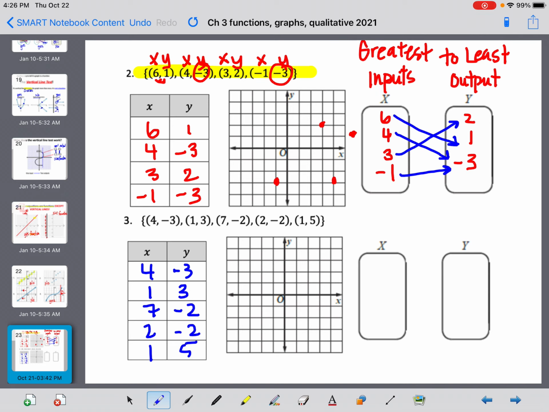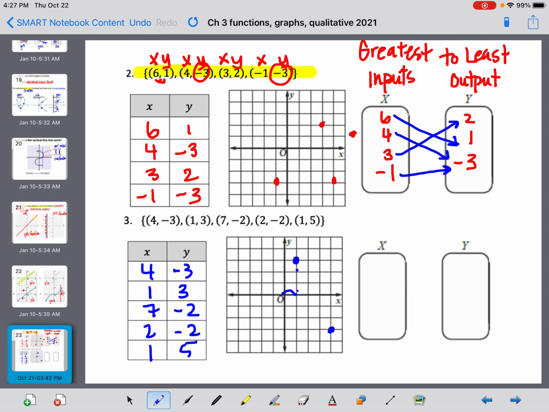Okay, then I want to graph it. Same situation here. I'm going to go where x is 4, y is -3. Oops, let me erase that little mark I did with my pen there. And then where x is 1 and y is +3.